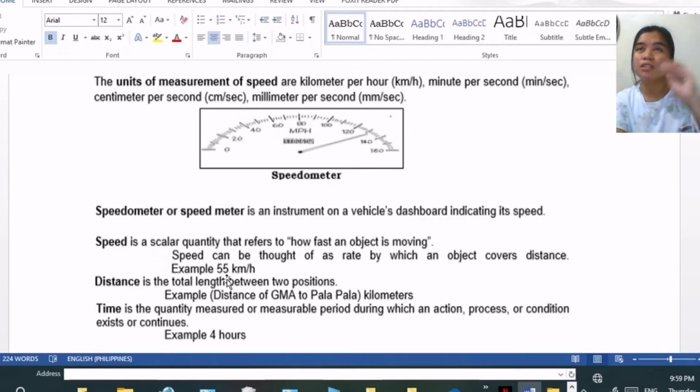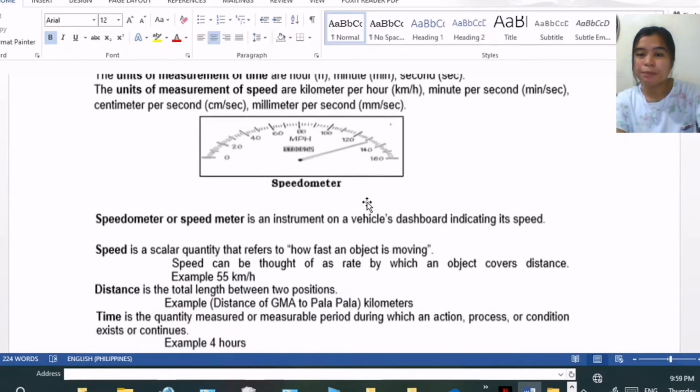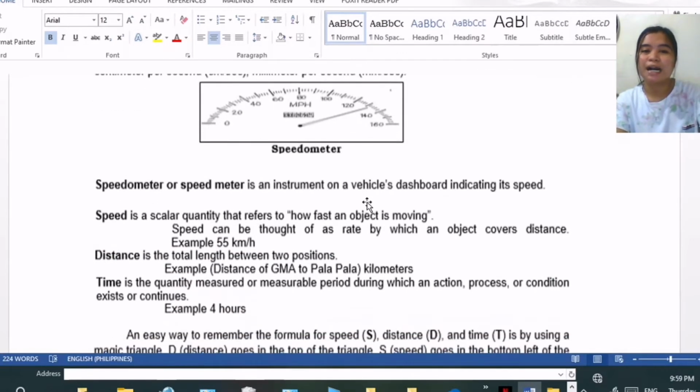Halimbawa, kilometer per hour, millimeter per second, or centimeter per minute, or meter per minute. Ayan po yung mga halimbawa ng speed. Laging may per hour, per second, or per minute.